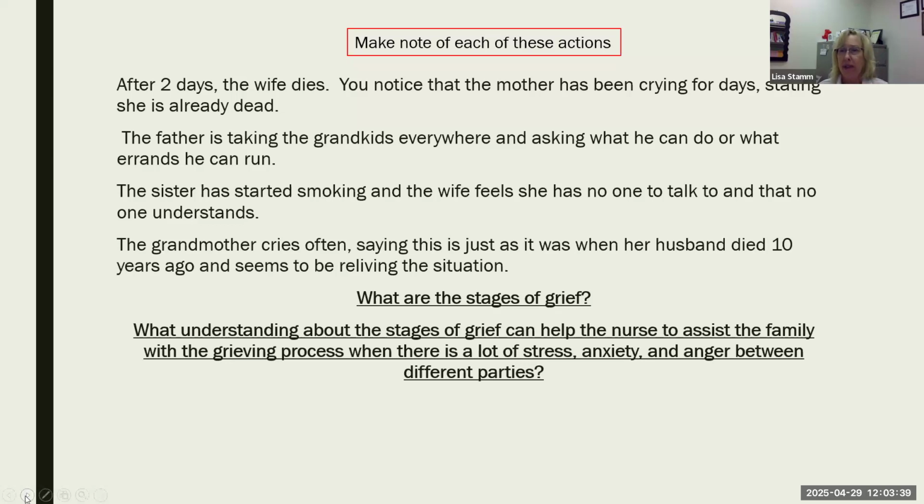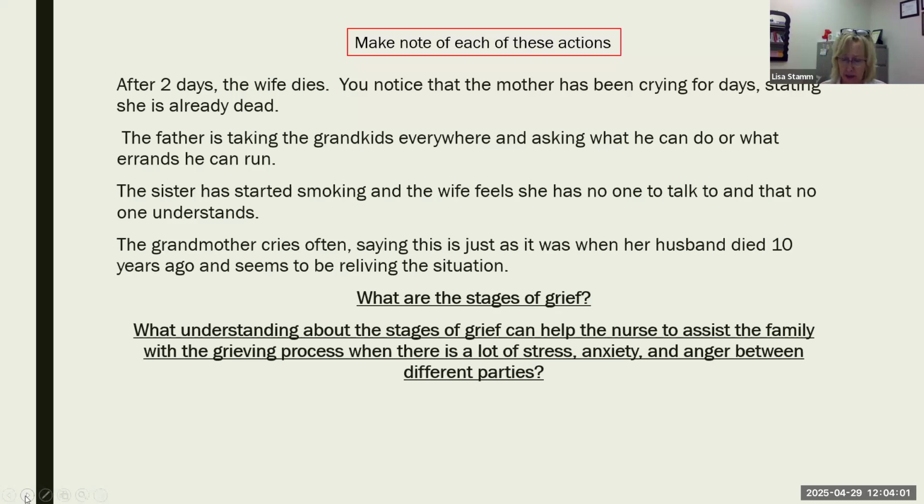What understanding about the stages of grief can help the nurse assist the family with the grieving process when there's a lot of stress, anxiety, and anger? So think about this scenario and all the different dynamics that were going into it and how you would deal with this situation if you were a nurse. You don't have to answer this.